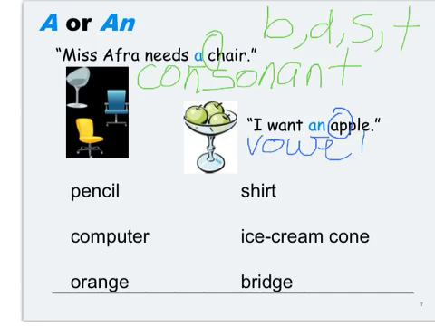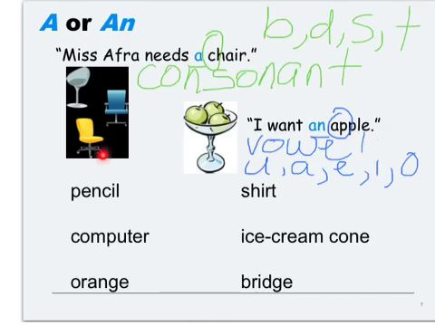Remember, the vowels are U, A, E, I, and O. If you can remember the vowels, then it's easy to know that all the other letters are consonants.